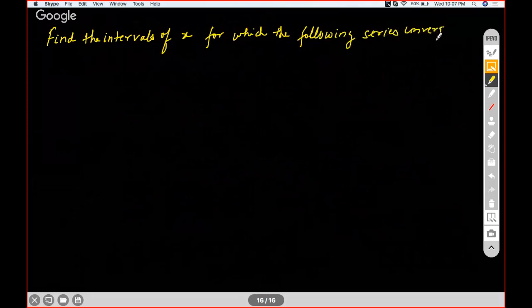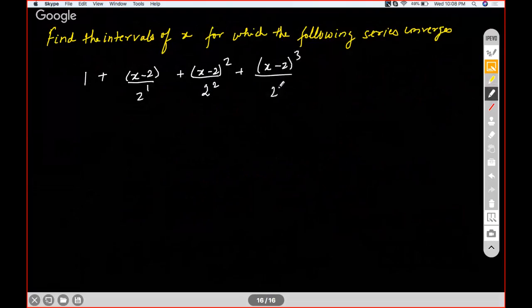The series is like this: 1 plus x minus 2 by 2 to the power of 1, x minus 2 whole square by 2 to the power of 2, x minus 2 whole cube by 2 to the power of 3, and so on till infinity. Instead of giving you a general expression in summation form, they have written it down so that they can check whether you are able to write the nth term or n plus 1th term like this.